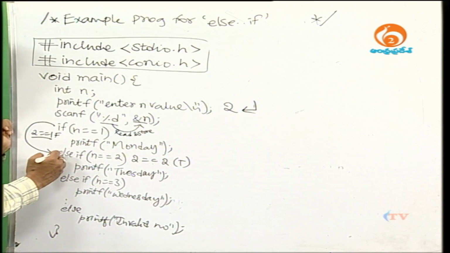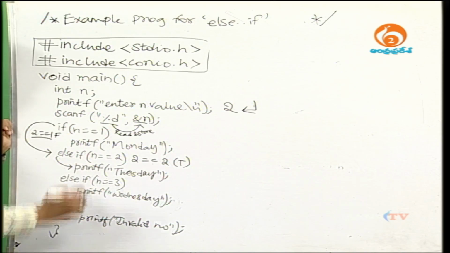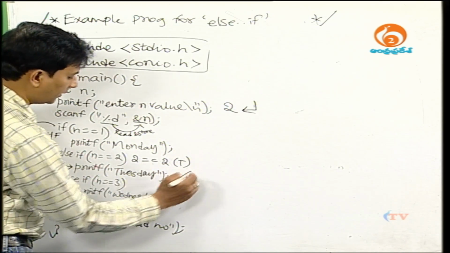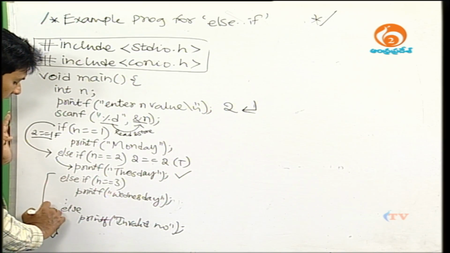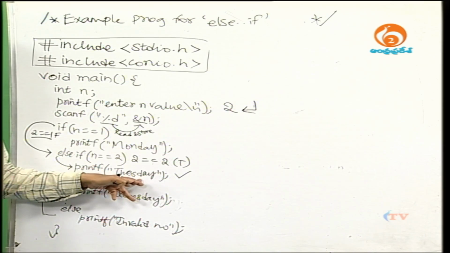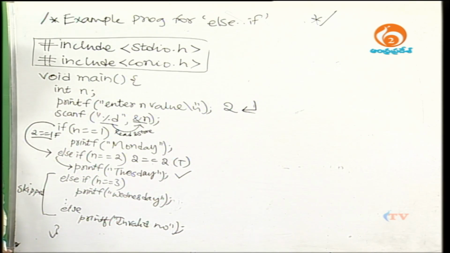So whenever the condition is true, this part is executed and all the remaining are skipped. Only Tuesday is printed on the screen. Here the first if condition is skipped because it is false, and remaining all are skipped, only one else if is executed.